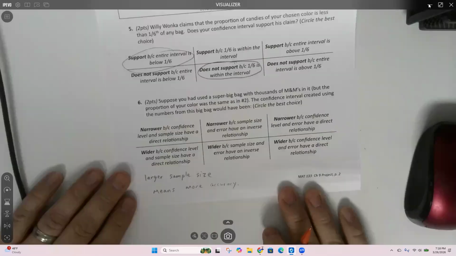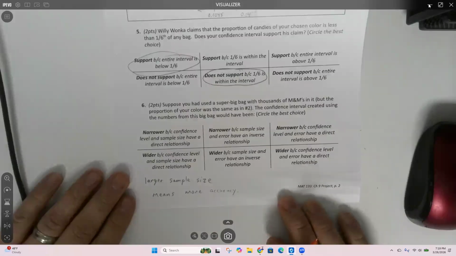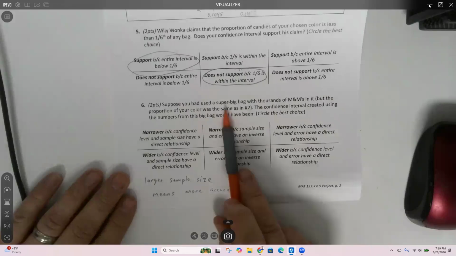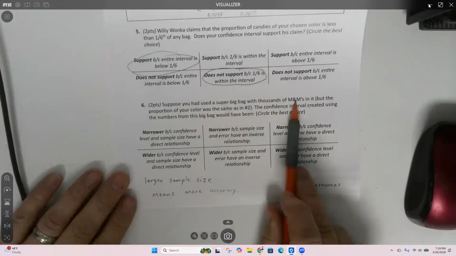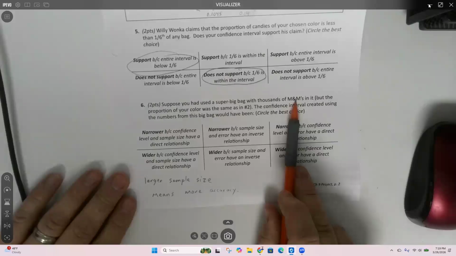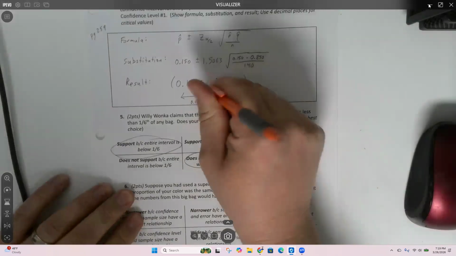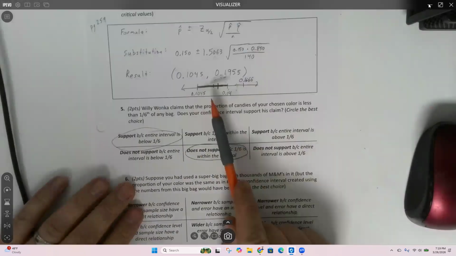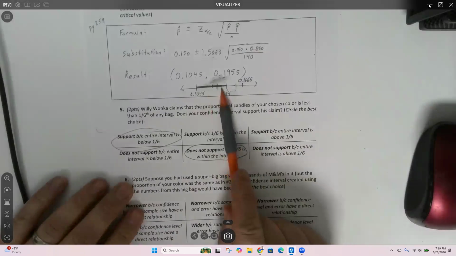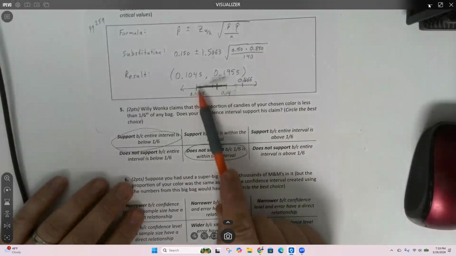Okay. So what does that mean? If we have a large sample size with thousands of M&Ms, our result is going to be more accurate. Well, what does that mean for our confidence interval? You'll remember that the confidence interval is telling you where you think the true value of what percent of blue M&Ms there are is going to land.